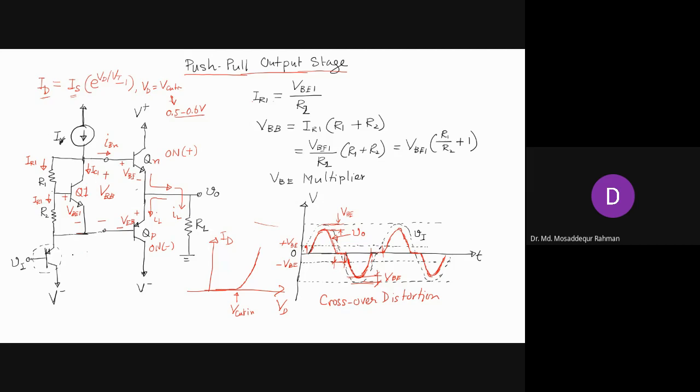Have you all gone to sleep? What is the configuration of this one?